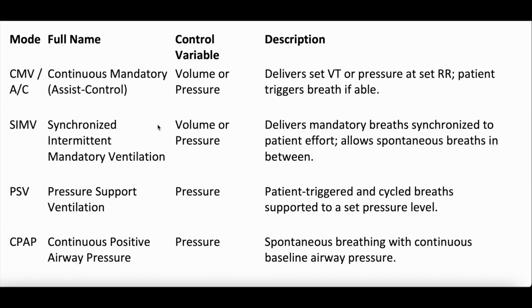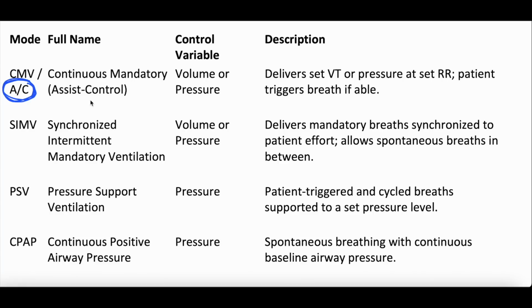So starting with these two, CMV and AC. CMV is continuous mandatory and AC is assist control. And we really only use, at least traditionally, someone correct me in the comments if you're using continuous mandatory often, but we're really using assist control mostly. And assist control means that a patient can trigger their own breaths.